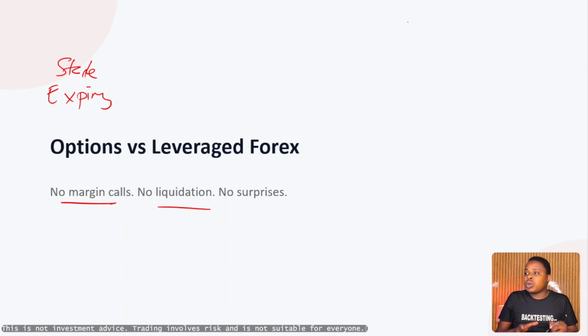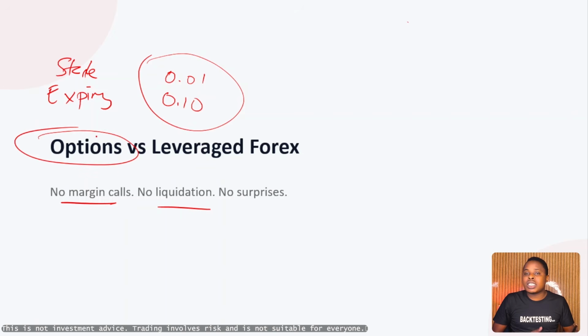If you compare that with leveraged forex trading, where we use leverage, let's say you put a 0.01 lot, that means something different from a 0.10 lot. In this case, we are using lot sizes and leverage to calculate how much we are risking. But with options trading, we are only risking exactly what we want.